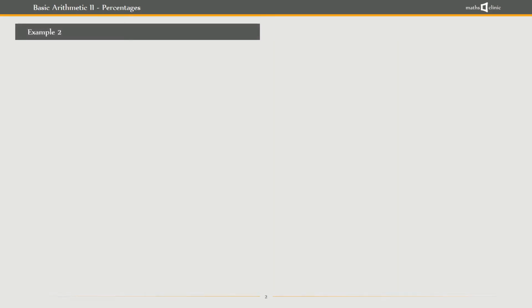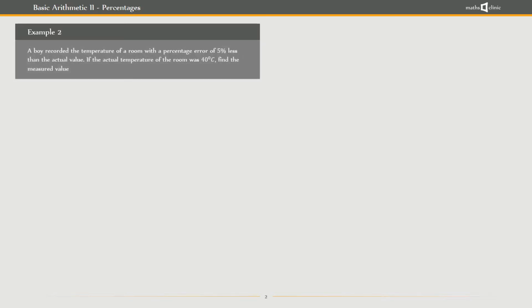Okay, so example 2. Example 2 says a boy recorded the temperature of a room with a percentage error of 5% less than the actual value. If the actual temperature of the room was 40 degrees Celsius, find the measured value. So what we have here is a young man, a boy, and he measured the temperature of a room.